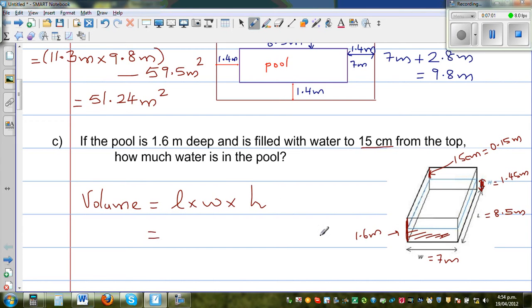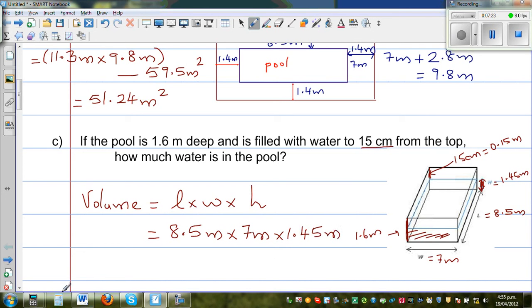So length is 8.5 meters. So I'll write the units always. Your width is 7 meters and your height is not 15 centimeters. The height is 1.45 meters.